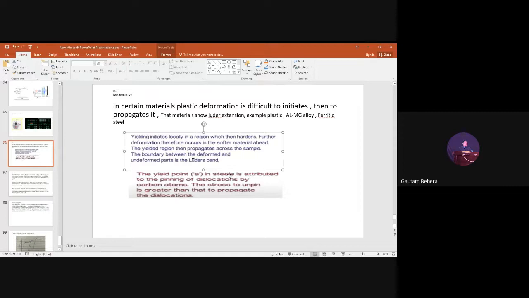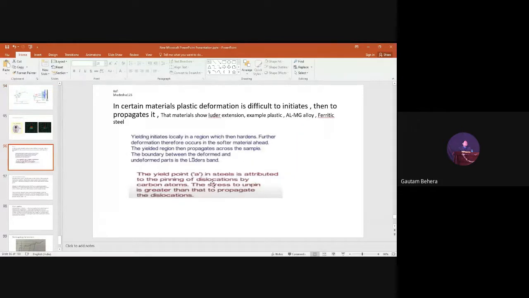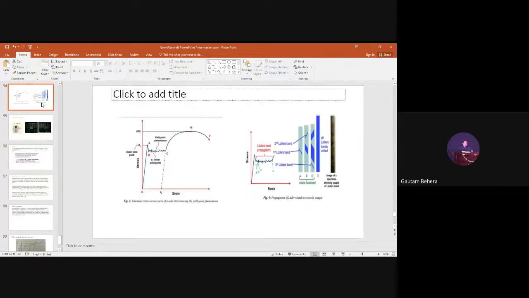And the yield point, it is talking about this A, this part. The yield point A in this steel is attributed to the pinning of the dislocation by the carbon atoms. The stress to unpin is greater than that to propagate the dislocations. That's why we are getting an upper yield point here. So understand this? Okay, so I think this part is clear. You don't have any doubt up to this?